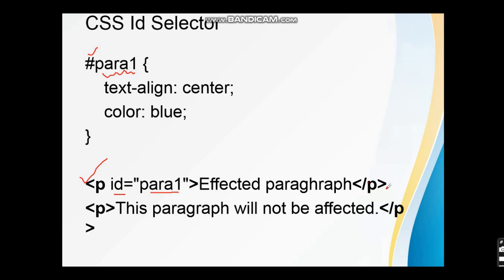Wherever we write id equals para1, the paragraph will be affected. This other paragraph will not be affected since we are not using the ID selector in it. Is it okay to everyone?